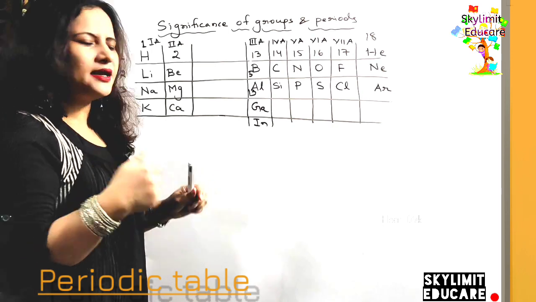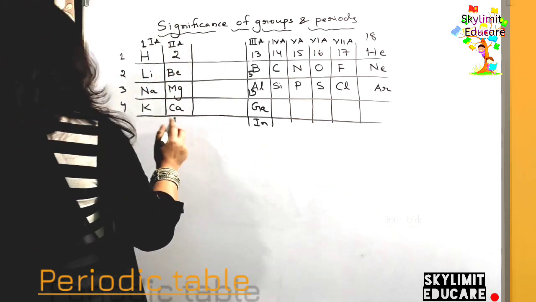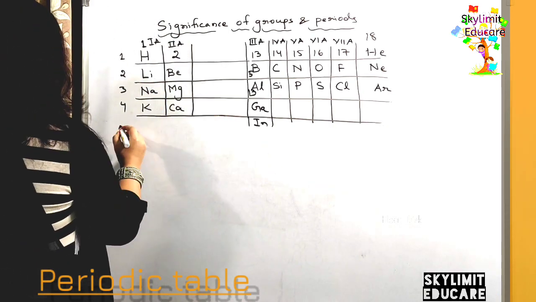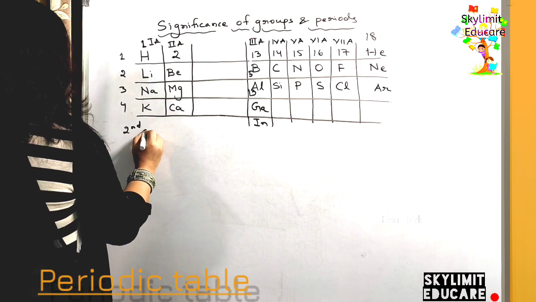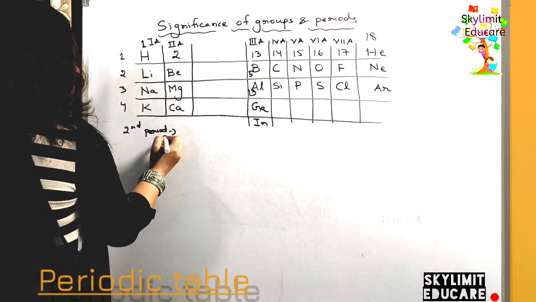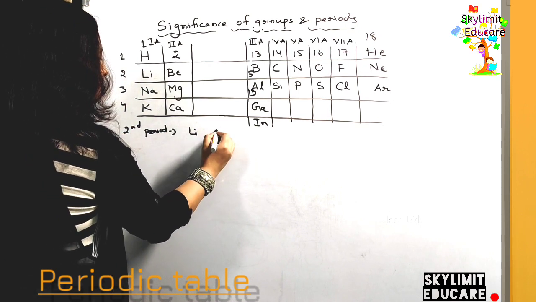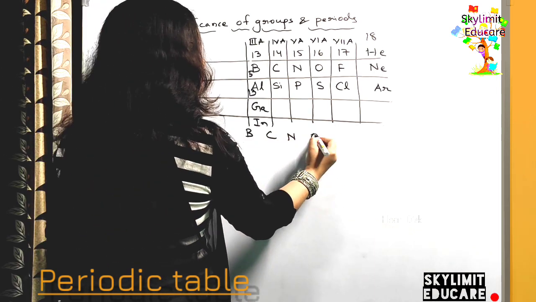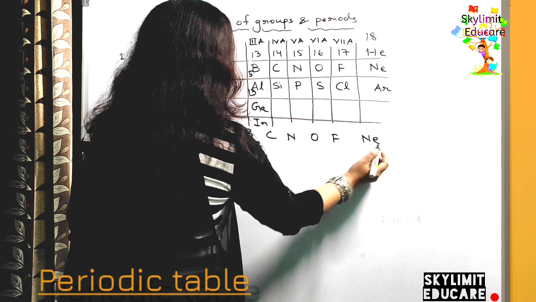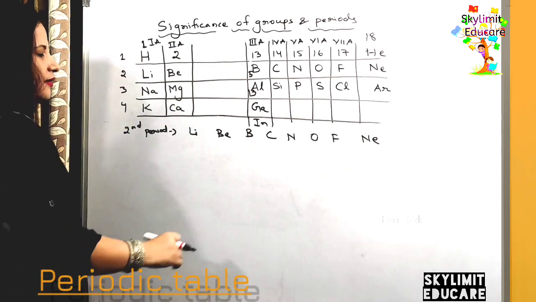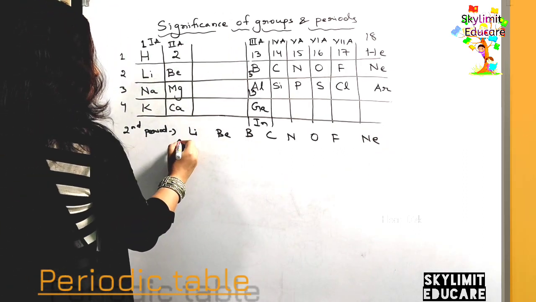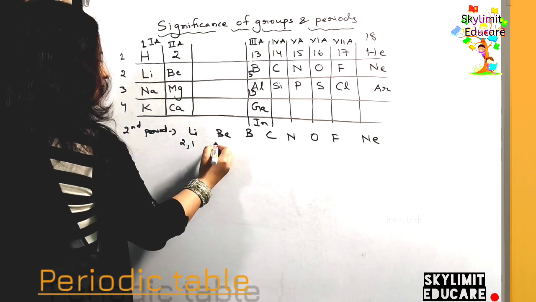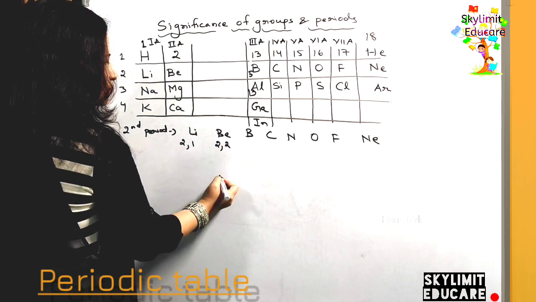For that, let us take a period, elements belonging to one period, like suppose let us take the second period. What are the elements? Lithium, beryllium, boron, carbon, nitrogen, oxygen, fluorine and neon. These belong to the same period, okay. So let us write the electronic configuration for each. Lithium is 2, 1, beryllium is 2, 2, okay.